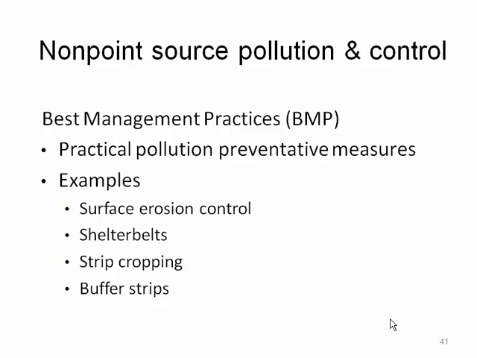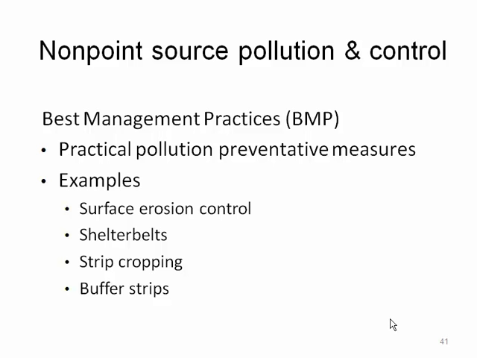A common one that you'll see around urban areas is surface erosion control. When you see new construction, oftentimes it'll be down on bare soils, and the soils can be affected by rainfall and surface erosion, and the soil and sediment can wash off into local storm drains and ultimately local streams and rivers.